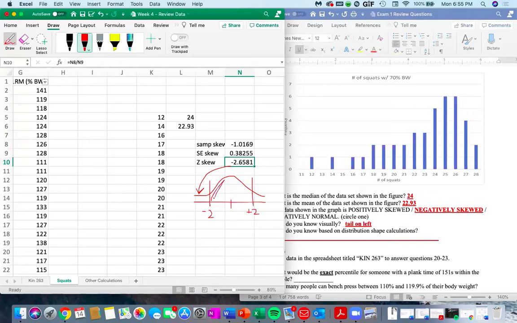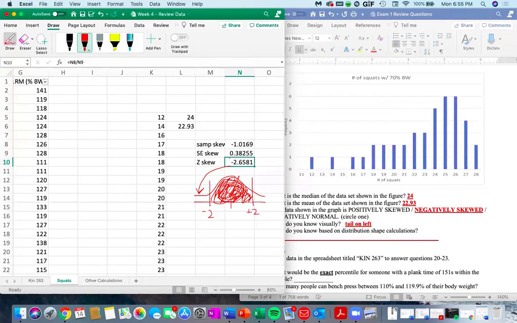So if our sample skewness, or z-score of skewness, ended up landing in this area, we would say that the distribution is relatively normal.